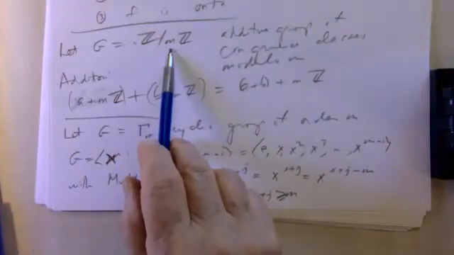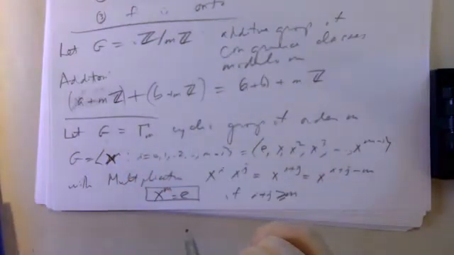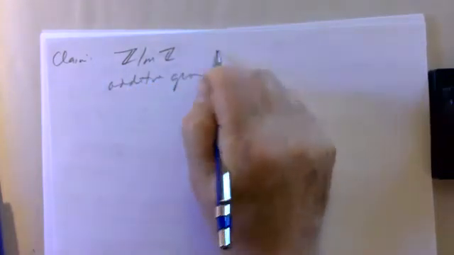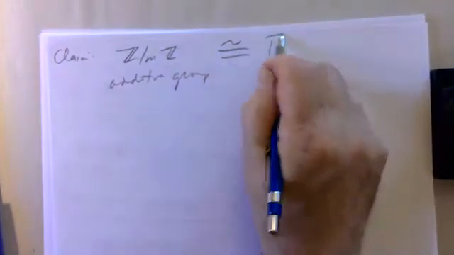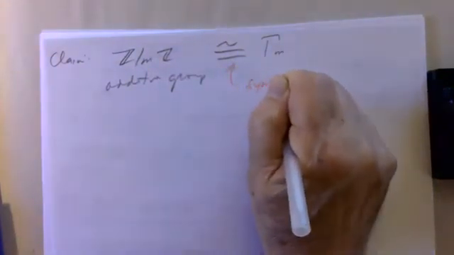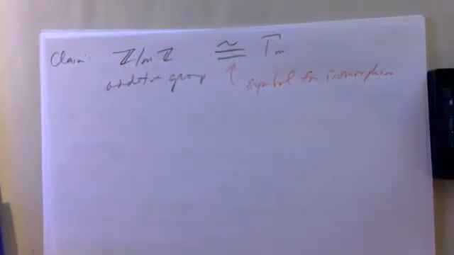So we have an additive group of order m and a cyclic group of order m, and I claim that they're isomorphic. So I claim that the integers mod m, this is an additive group, is isomorphic to the cyclic group of order m. And this is the symbol for an isomorphism.